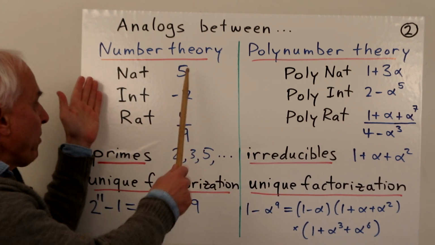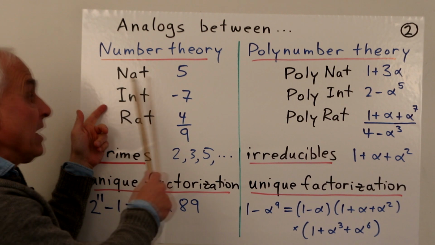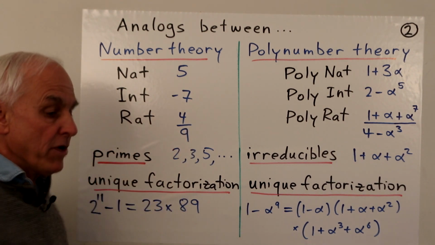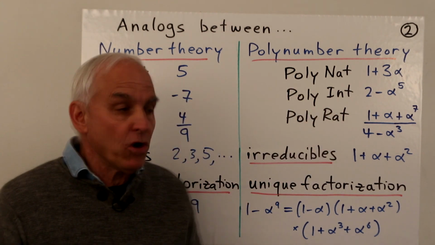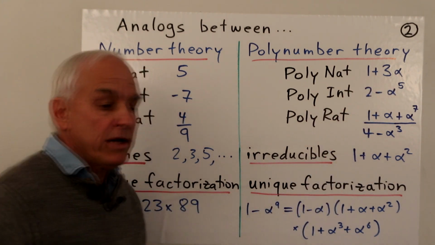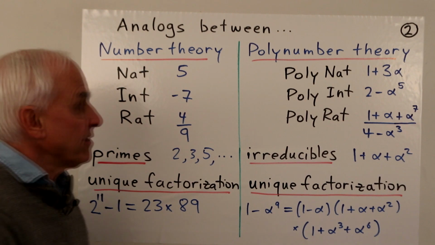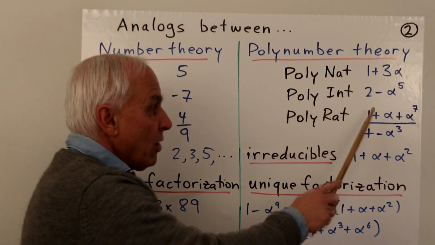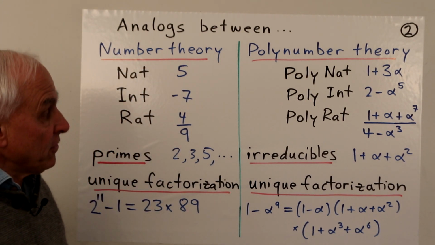Okay, so with number theory, we might be working with the natural numbers, like 5, or maybe with integers, like -7, or perhaps with rational numbers, like 4/9. Correspondingly, in the world of polynumbers or polynomials, we have polynet, which refers to polynumbers with natural number coefficients, like 1 plus 3 alpha. Or we might have polyint, where we allow integer coefficients, like 2 minus alpha to the 5th.